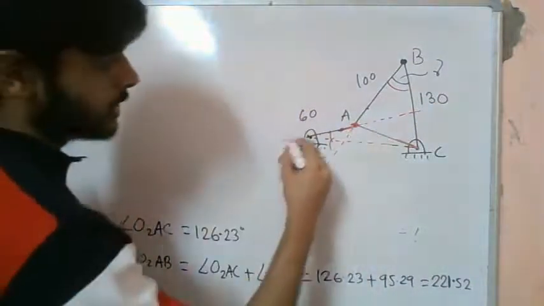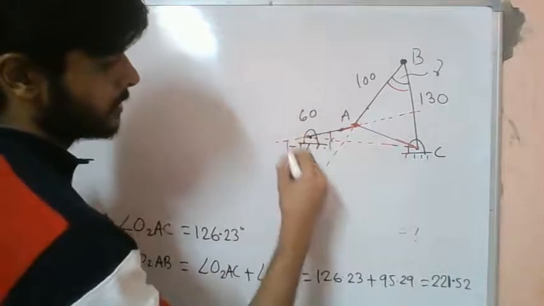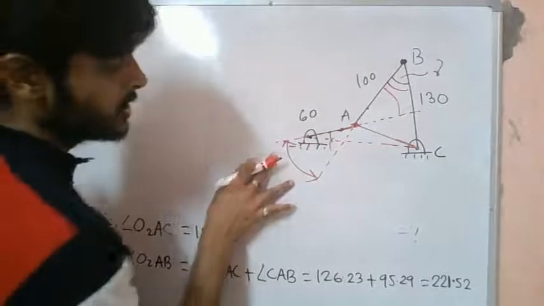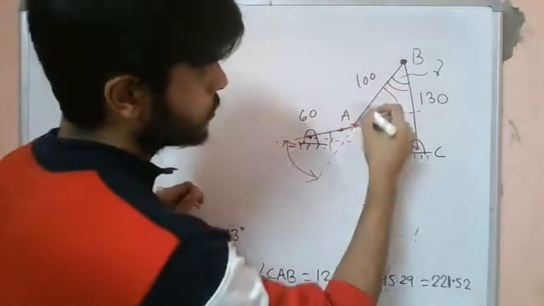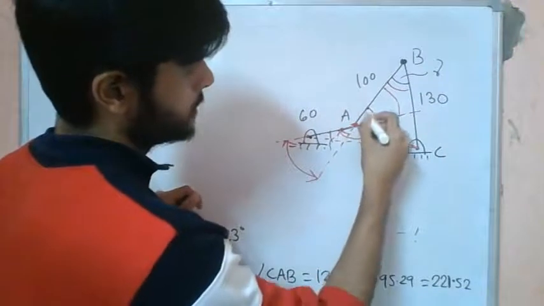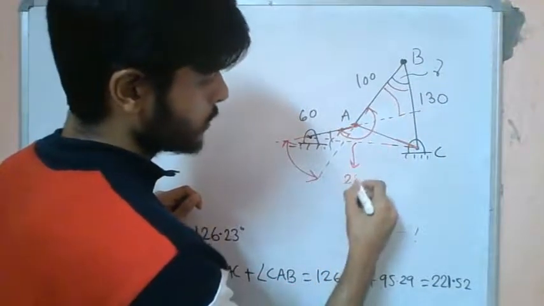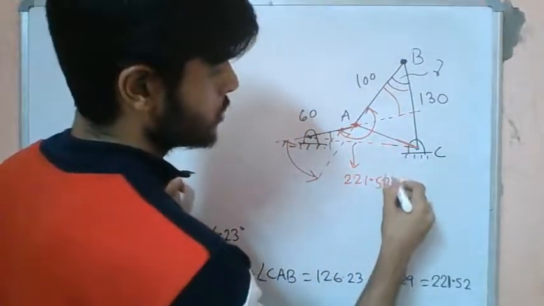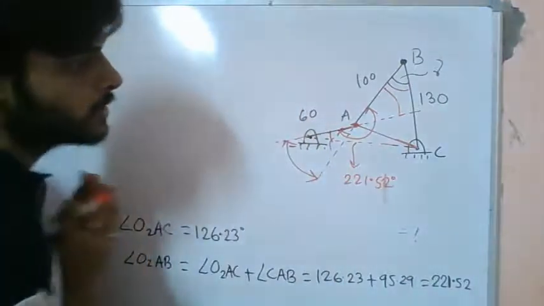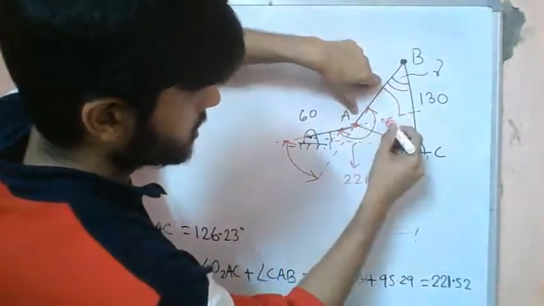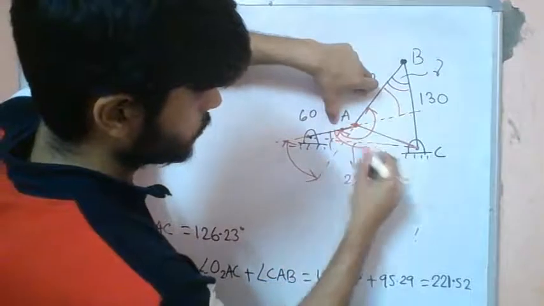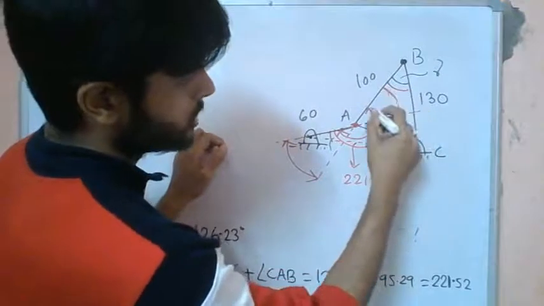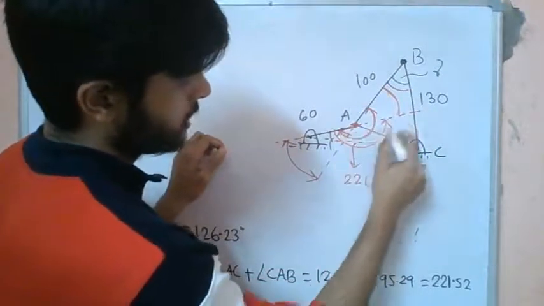These two angles are vertically opposite angles, and we need this angle for mechanical advantage. But we have found this complete angle, which is 221.52 degree. From here to here this angle is 180 degree, and this whole angle is 221, which extends up to 180 degree.